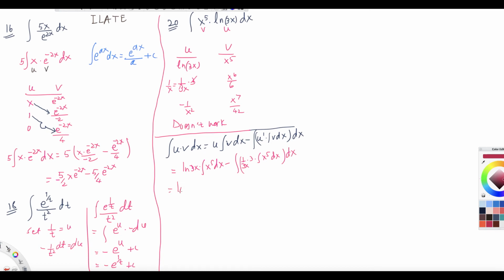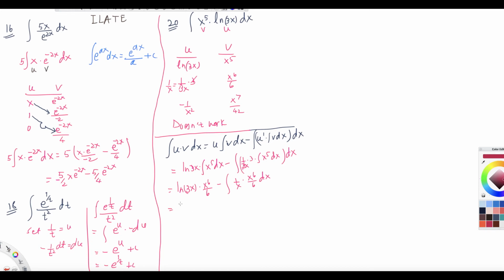So you get natural log of 3x times, what is the integral of x to the 5? x to the 6 over 6, minus, that 3 and 3 cancel out. We'll get a similar thing there, right? So 1 over x times, what is the integral of x to the 5? It is again x to the 6 over 6 dx. That's what you get. Okay, guys. So what do you get next then?